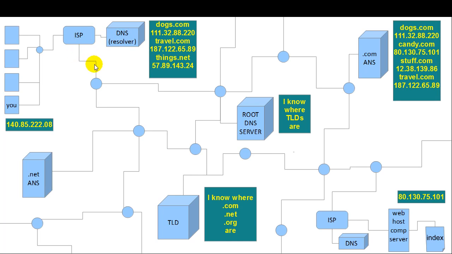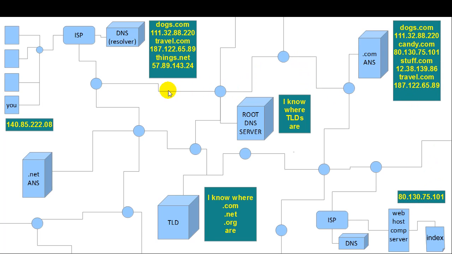Off I go. And it goes off to the .com people. And this one is called an authoritative name server. This is the one that actually will store the address. So it looks in its table and it goes, oh, you're looking for candy.com? Yeah, there it is, candy.com, 813075-101, right? This address over here.